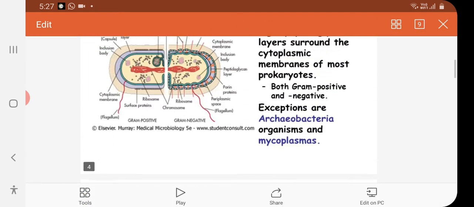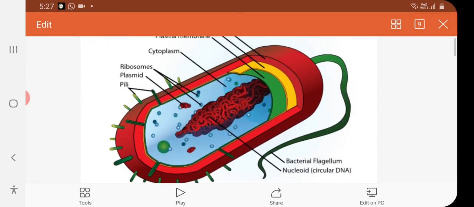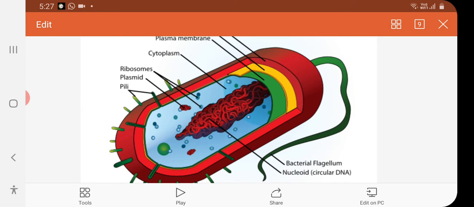Now coming to the bacterial structure. After the cell wall, there is a prominent cell membrane. The cell membrane is present in every cell, prokaryotic and eukaryotic. The cell membrane, that is the plasma membrane, is a universal, uniform structure for all living cells.